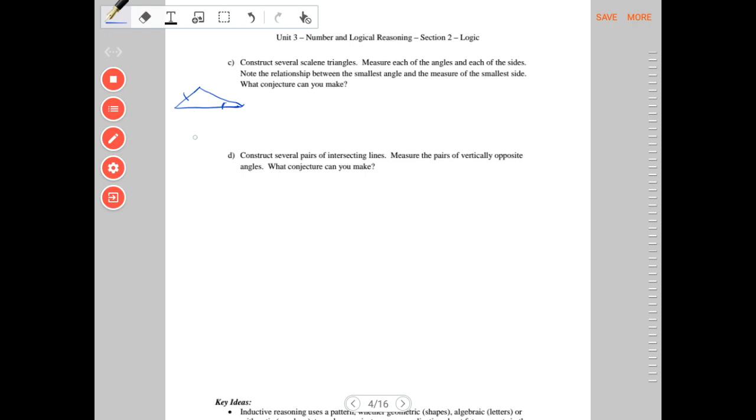Okay, so we want to measure each of the angles on each of the sides. So the smallest angle, of course, would be this one right here. And guess what? If you take a look at the side opposite it, this is the shortest side here. Okay? So smallest angle, shortest side. Let's see if we can do a right scalene here. And again, we know the right angle. And so this, of course, is the hypotenuse, which is the longest side on any right triangle. This is my smallest angle, and if you'll notice over here, that is my shortest side. So, let's draw an acute scalene.